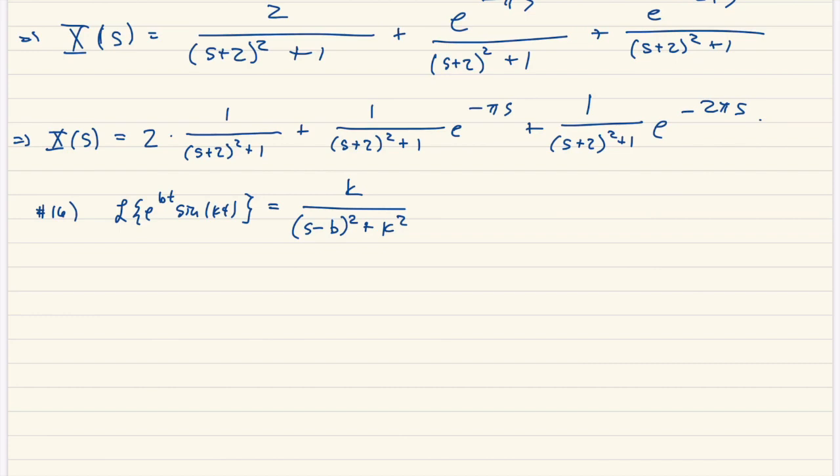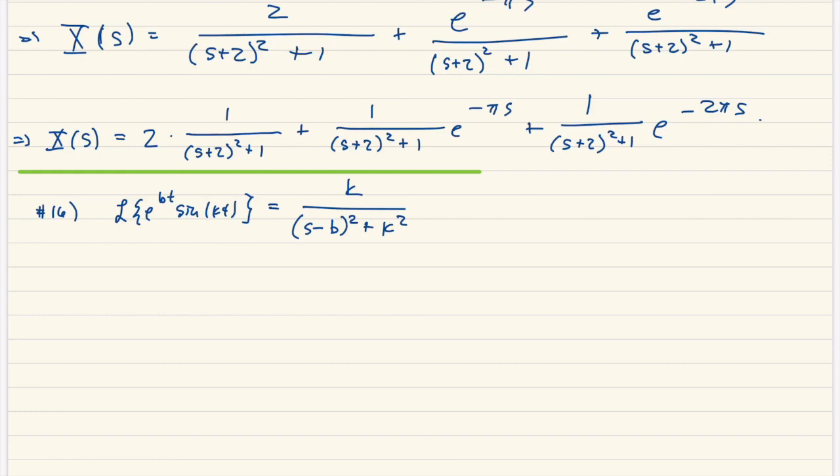So that tells you right away what this first fraction is going to be: the transform of e to the negative 2t sine of 1t, so sine of t.